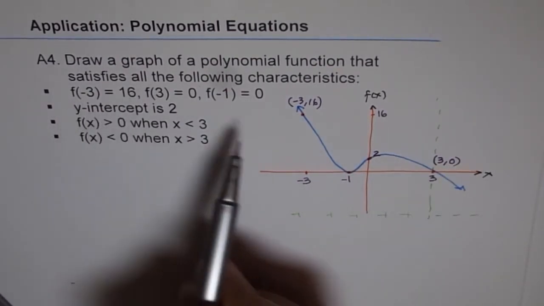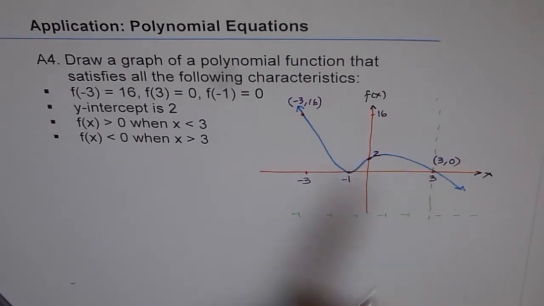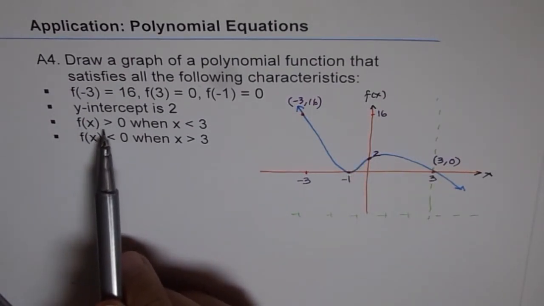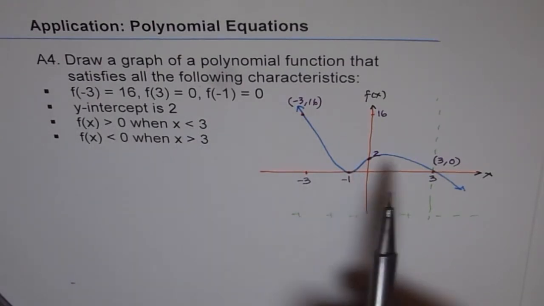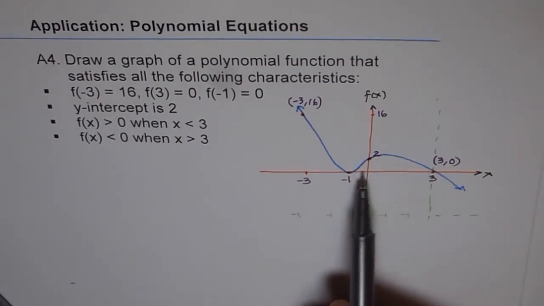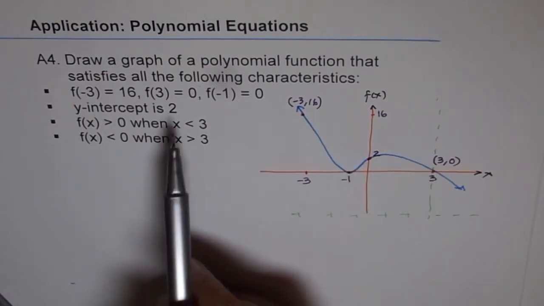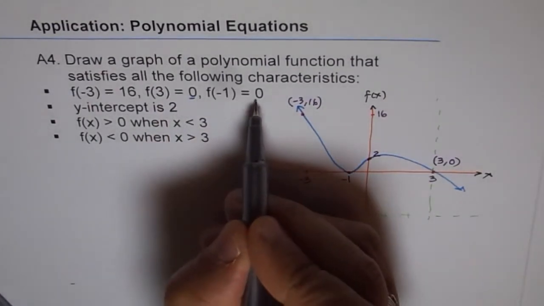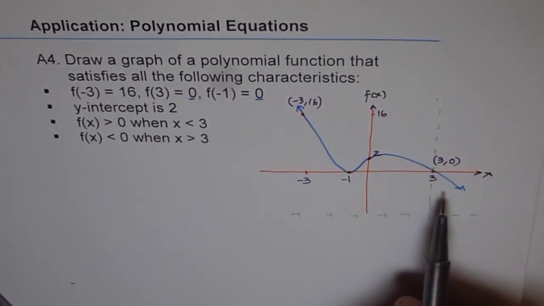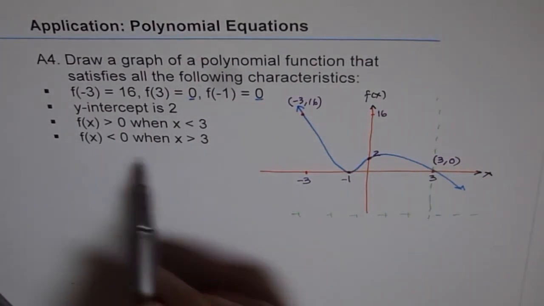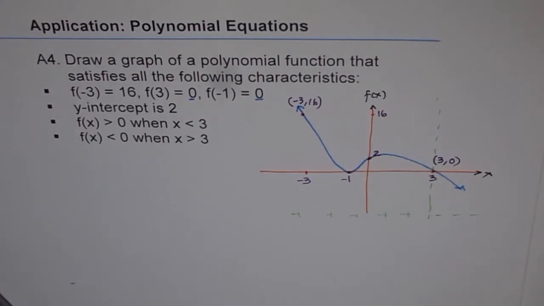So we say -3, all those points which we made are connected, and f(x) is greater than 0 when x is on the left side of 3, except for these two points which are given as zeros to us. So that takes care of this, right? And then on the right side of 3 it is negative. So that is perfect. So that is the sketch of our function.